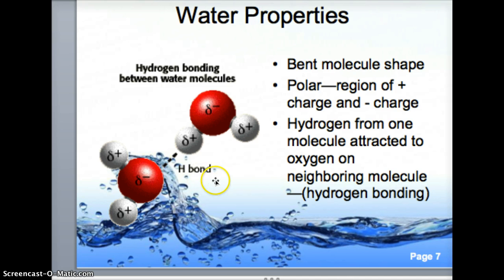A lot of times people are confused by that term because it's not technically a permanent bond, but in this case with water, it is an extremely strong attractive force. They work together almost all the time and do stick together somewhat. So it's not technically a bond, but it's about as close as you're going to get.